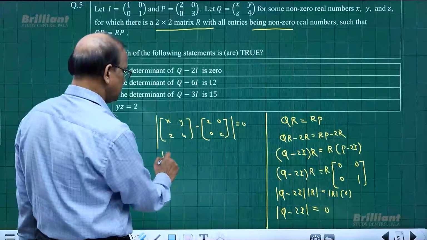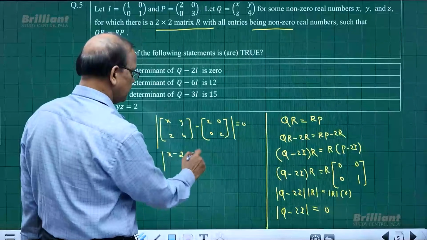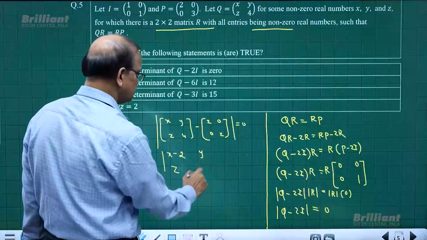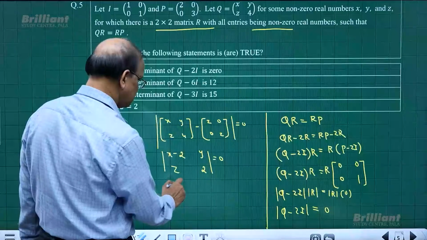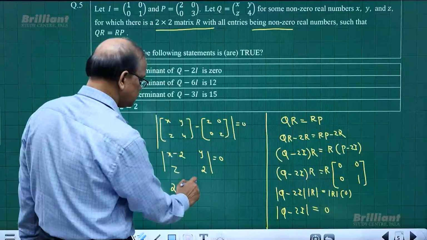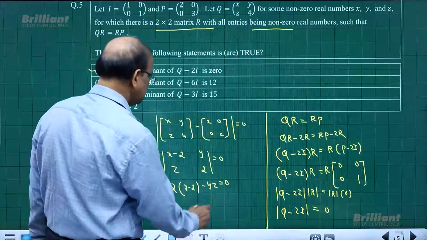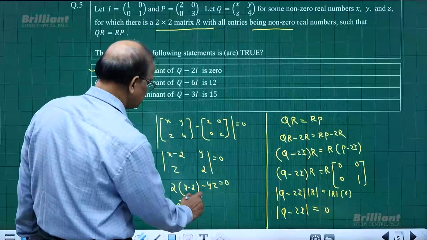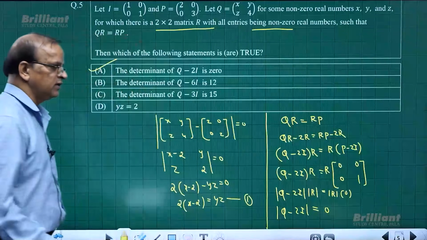Determinant of x minus 2, y, z, 4 minus 2 is 2, is equal to 0. So 2 times x minus 2 minus yz is 0. This is the equation: 2 times x minus 2 is equal to yz, equation 1.